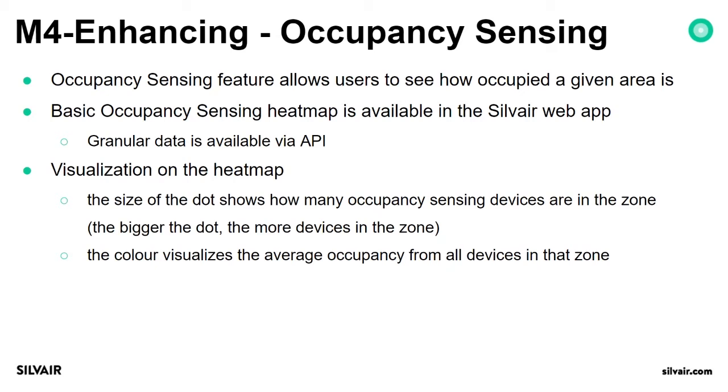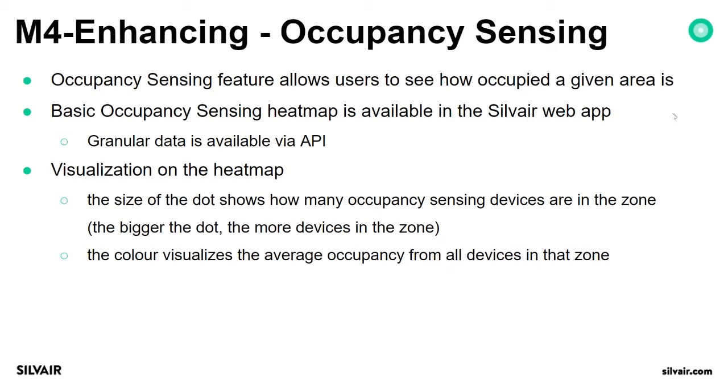Visualization is the same as with energy. The size of the dots shows how many occupancy sensing devices are in the zone. The bigger the dot, the more devices in the zone. And the color visualizes the average occupancy from all devices in that zone.